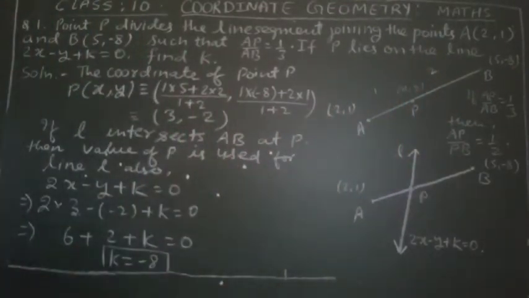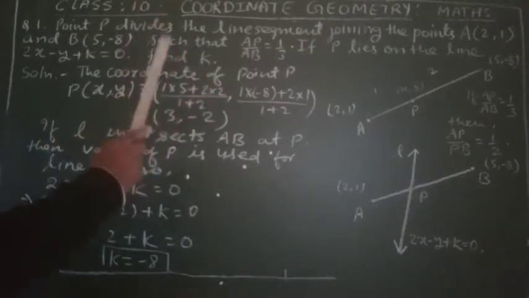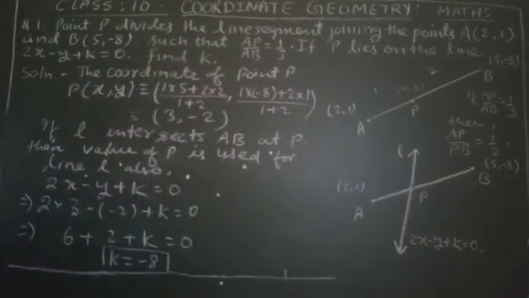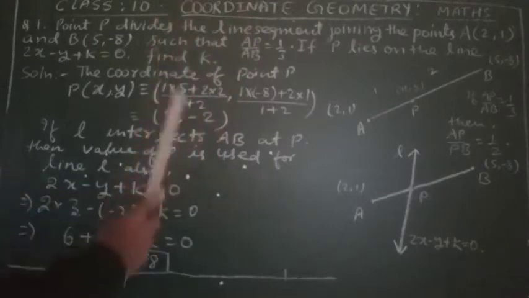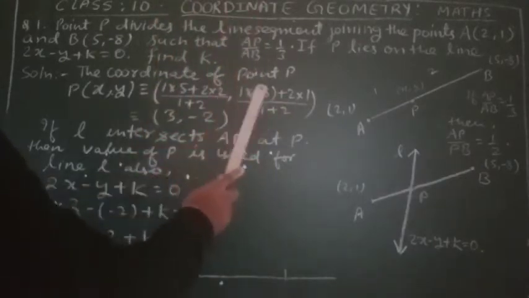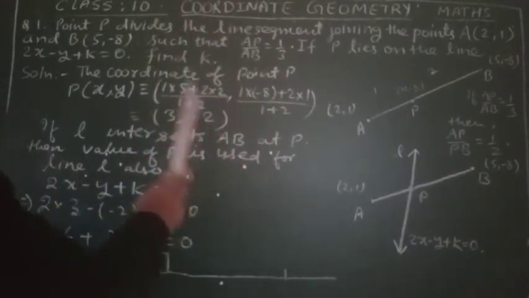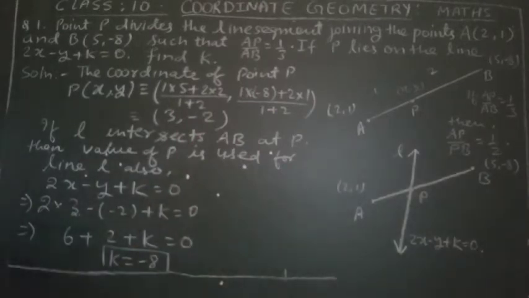Clear? So 1 into 5 is 5, 2 into 2 is 4, 5 plus 4 is 9, 9 by 3 becomes 3. And 1 into -8 plus 2 is -6, by 3 is -2. Clear? So this is point P, whose coordinate is (3, -2).